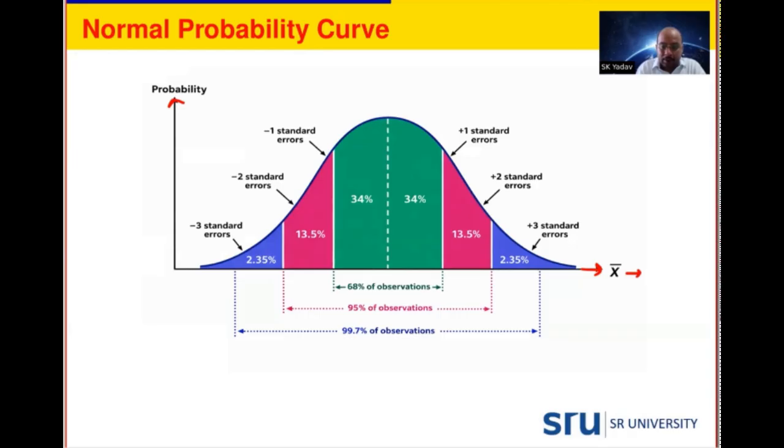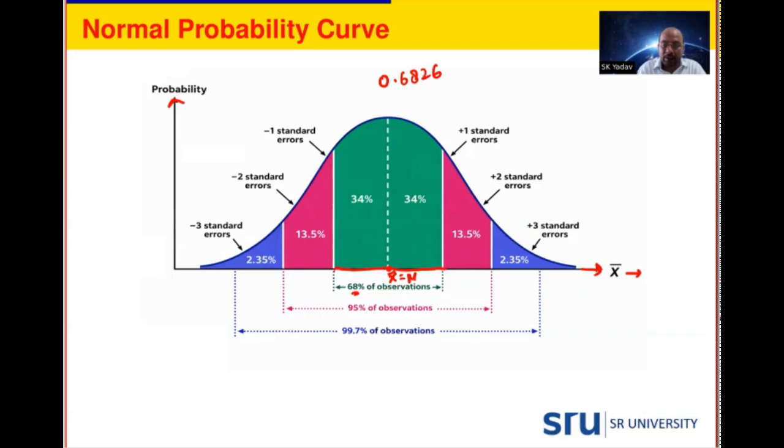And this is the mean, x bar is equal to mu actually, because it has the same mean as the population, and this green color shows the 1 sigma range which is 68%, and its exact value is 0.6826. So this 68% area is added here, and this right side is 34% and the left side is around 34%.